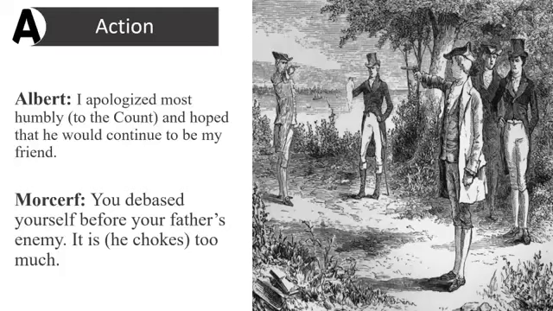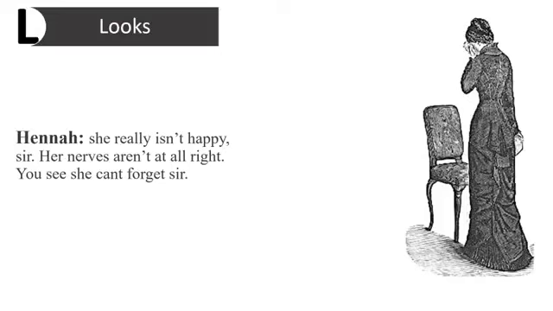L represents the looks. Think about the physical appearance of the character. The suitable example would be to look at the first impression of Mrs. Maldon from the play Progress. When Hannah, the maid, informs Professor Corey that his sister is waiting for him, she says, "She really isn't happy, sir.